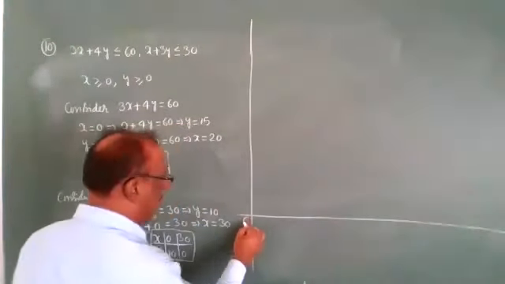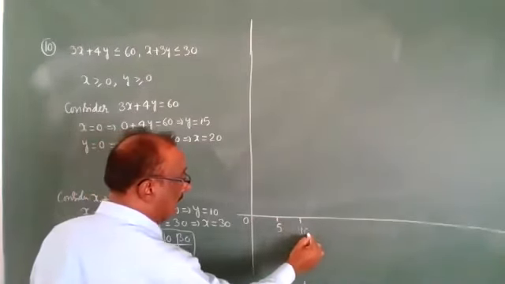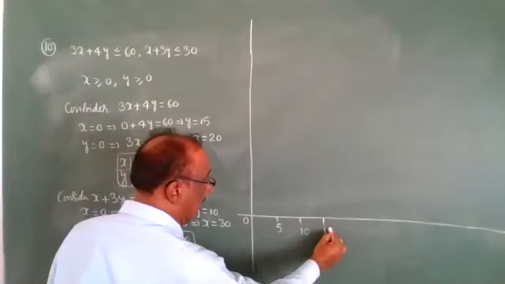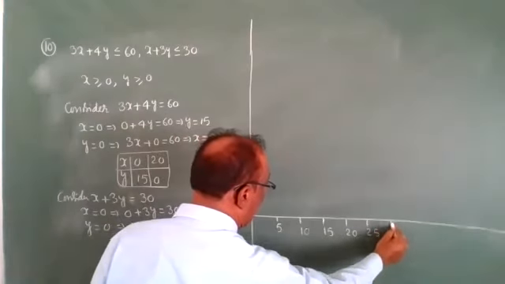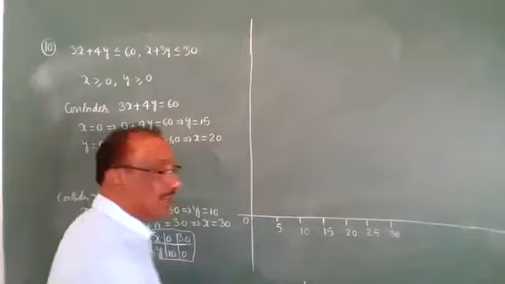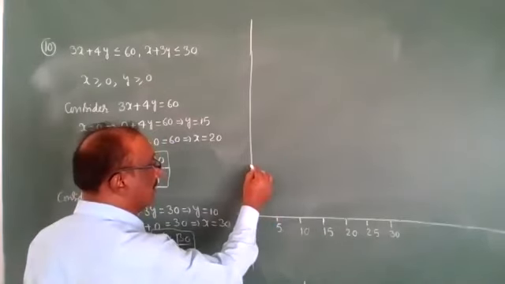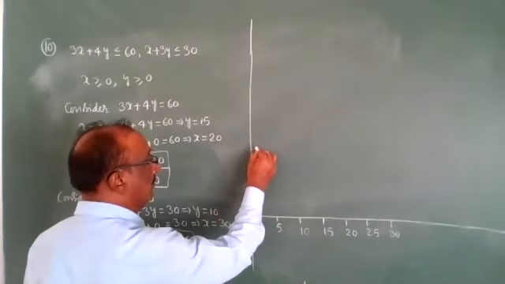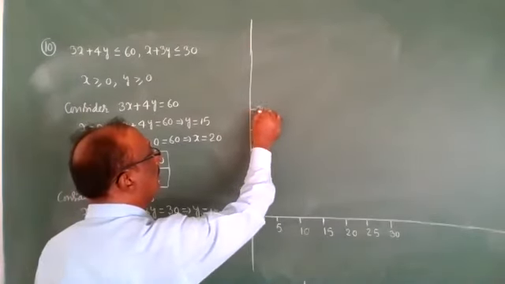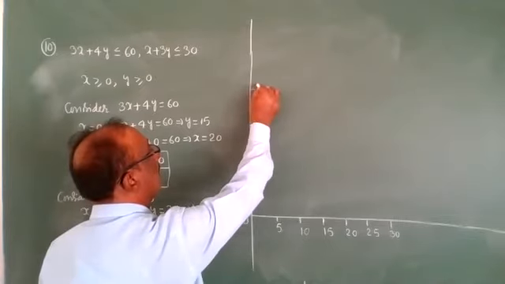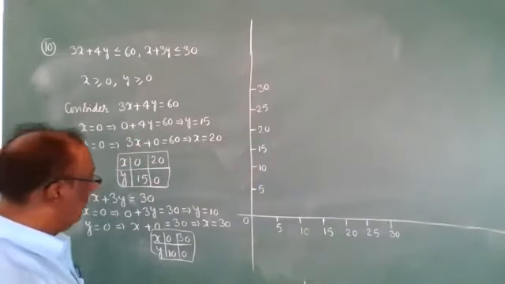That's why for one box I am going to take 5 units: 5, 10, 15, 20, 25, 30. Here also one box I am going to take 5 units: 5, 10, 15, 20, 25, 30. Everyone, you should go up to 30.